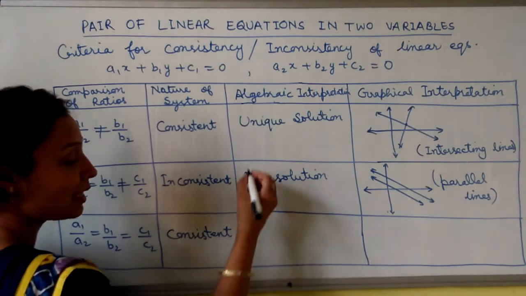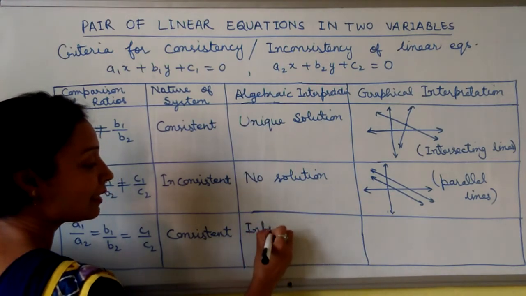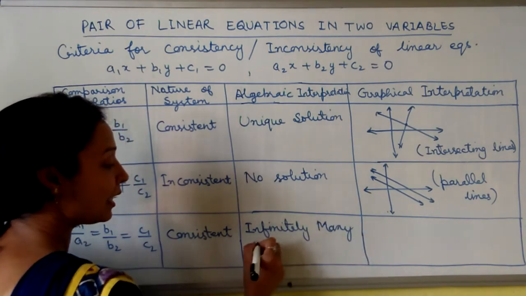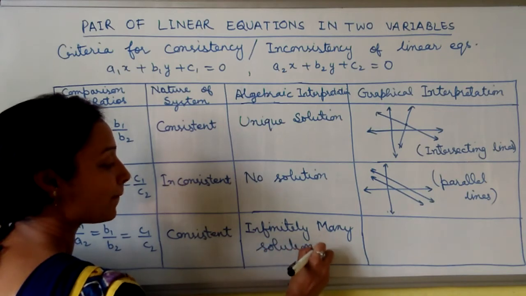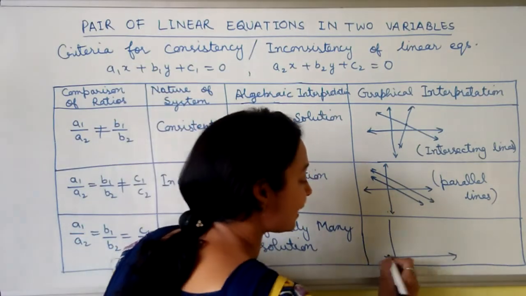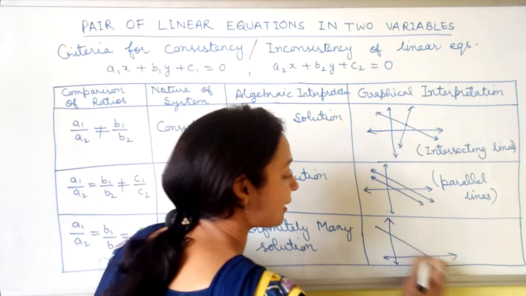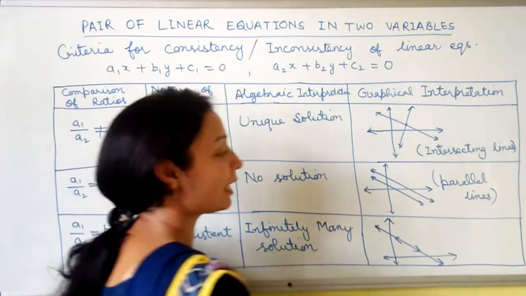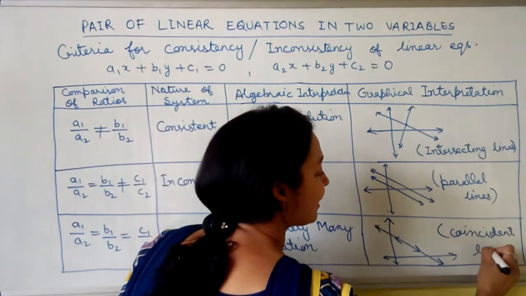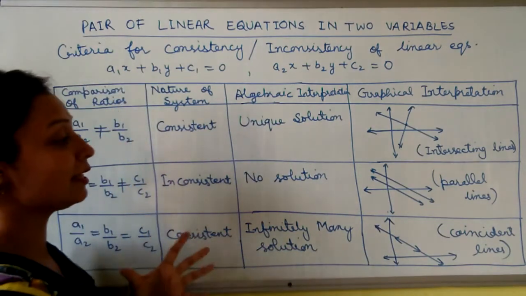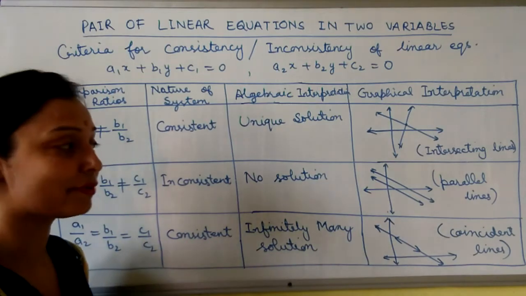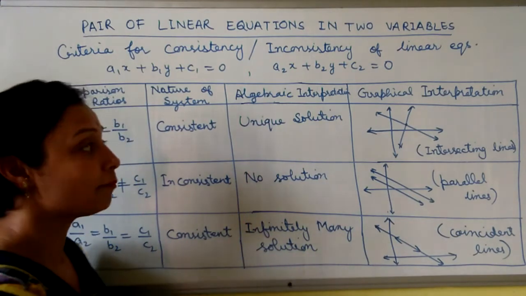And it has infinitely many solutions. And the system of equations has coincident lines. Let us suppose we have x and y like this. So these are coincident lines. So this is the way to learn easily. We will learn the conditions in this way. All the terms remain in our mind by using a table.